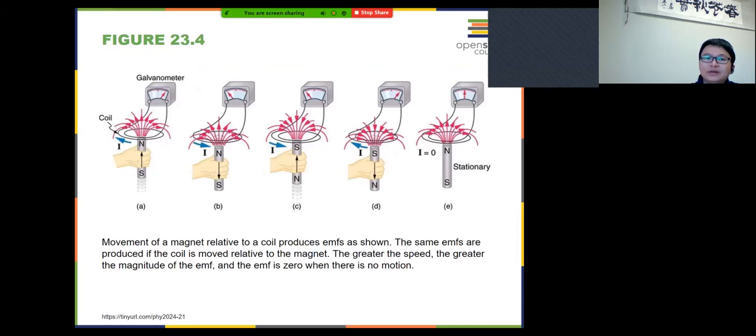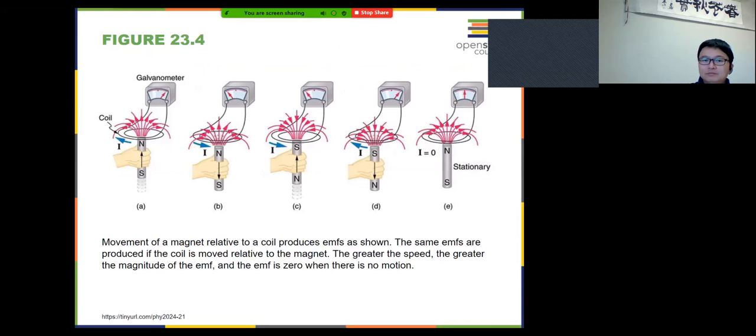And in the left figure here, you can actually break down the movement of your bar relative to the coil. So if you have the bar magnet go into there, then your needle deflects in one direction, but if you pull it out, then the needle will deflect in the other direction, okay?